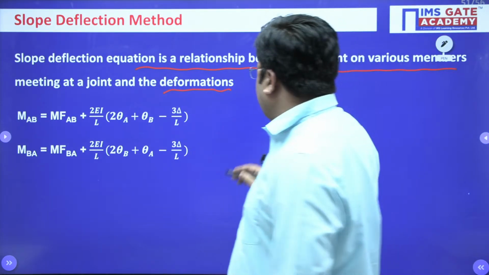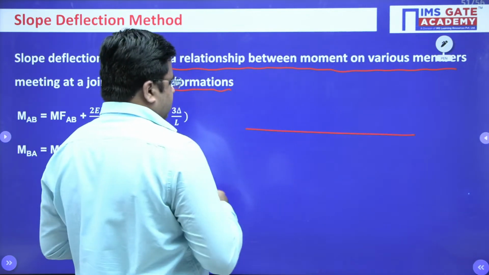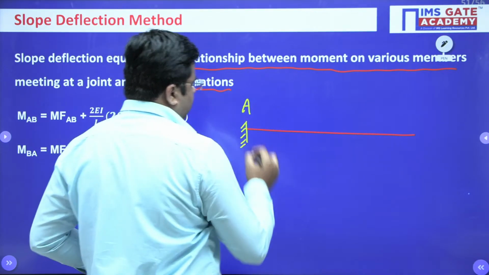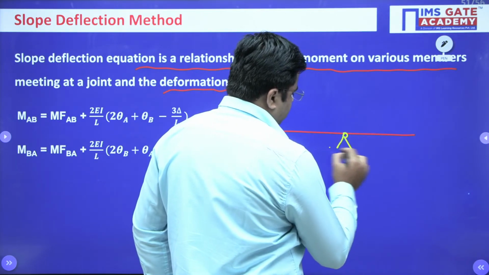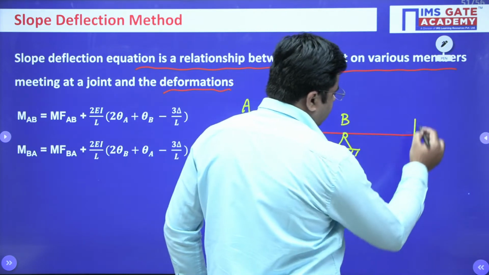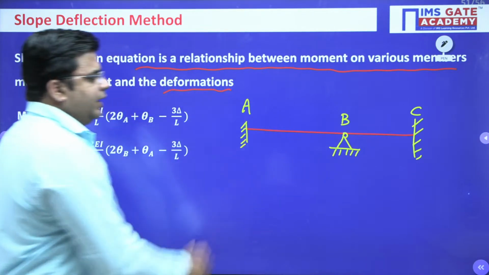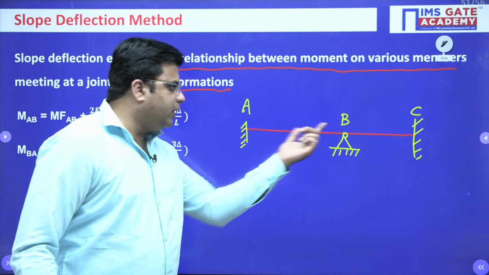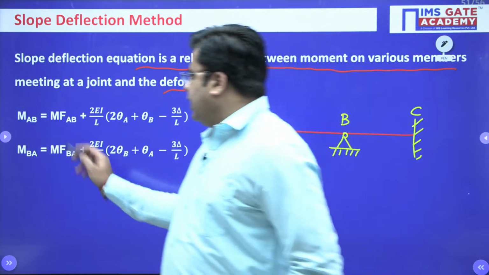So if we have a beam like this, this is my joint A, this is my joint B, and then I have my joint C, right? If I need to write the slope deflection equation for this span AB, it can be written as MAB equals MFAB.